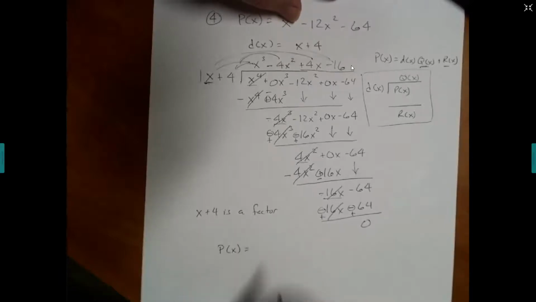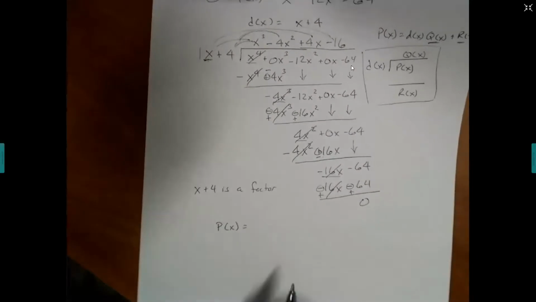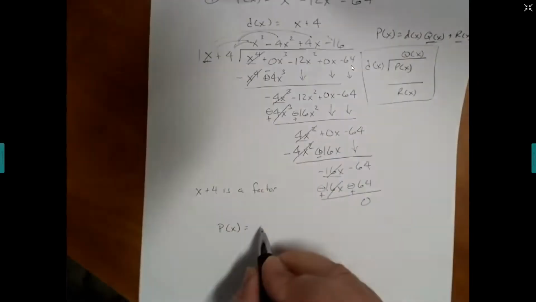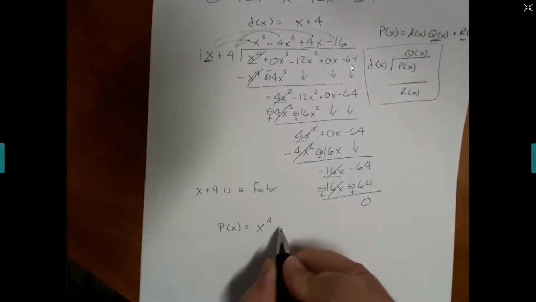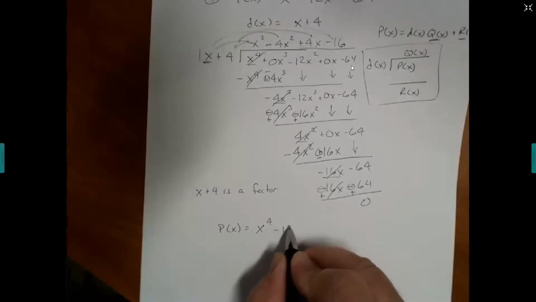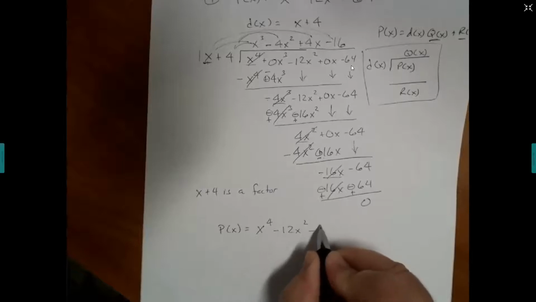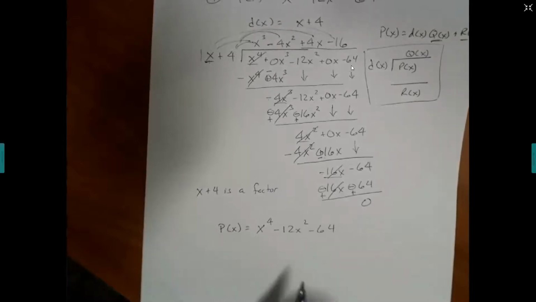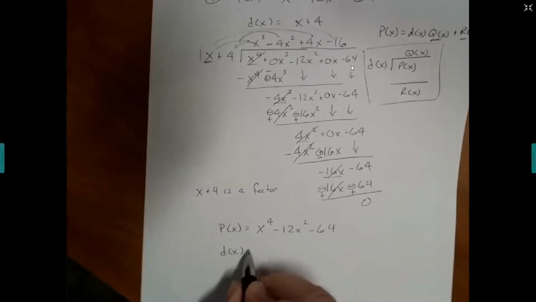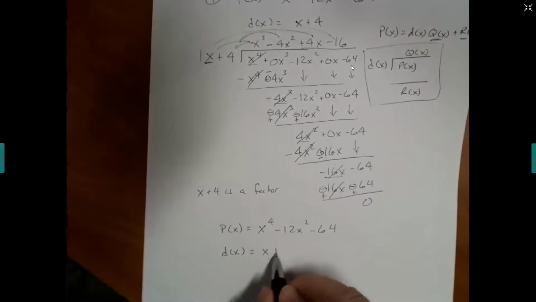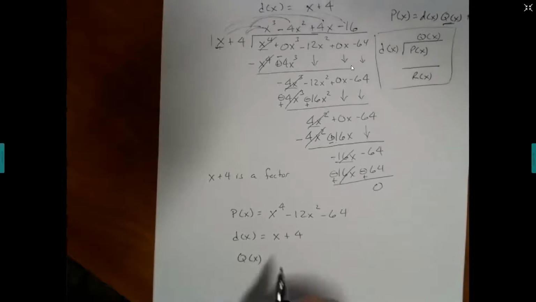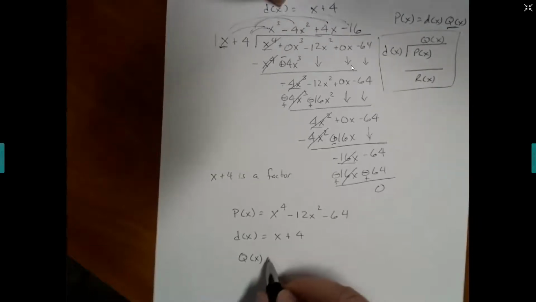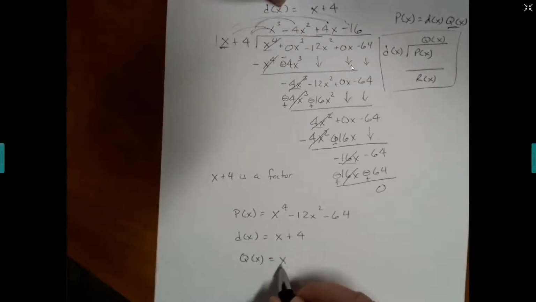So our p of x is what's under that bridge thingy. X to the 4th minus 12x squared minus 64. Little d of x was x plus 4. So the quotient, that's the number on top, that's the answer part.